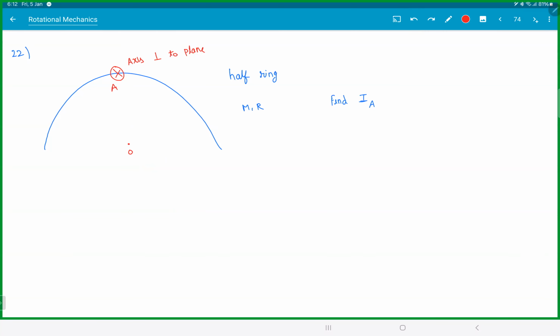Let me ask you, what is parallel axis theorem? IA is I center of mass plus MD square. Where is the center of mass? Got the mistake. I'll give you a minute now. Anusha, Lakshika, I think you both got it.